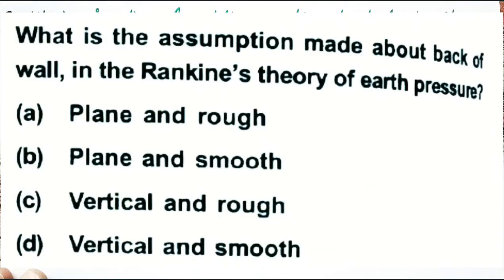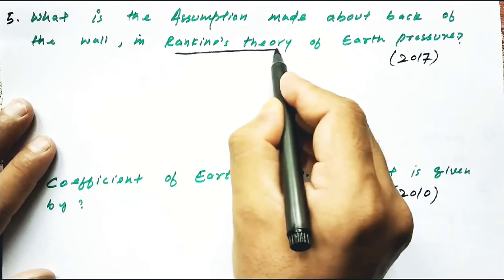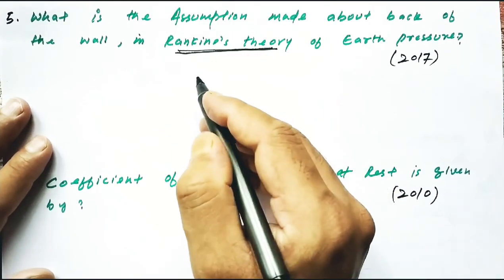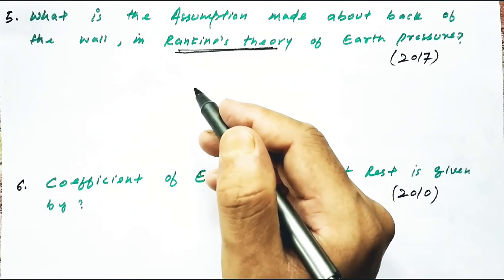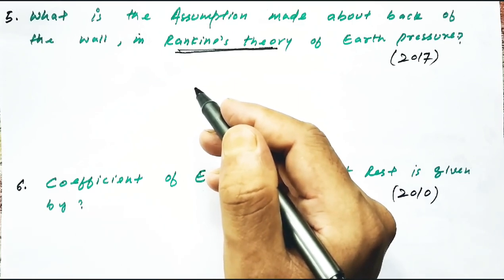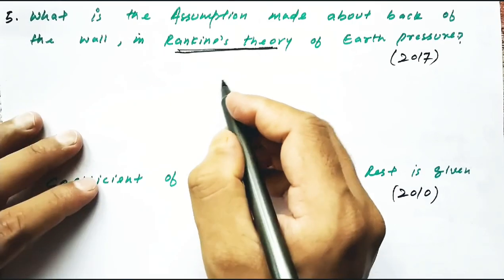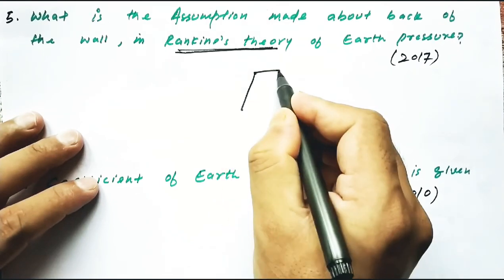Now coming to next question, what is the assumption made about the back of the wall in the Rankine theory of earth pressure? So Rankine theory is a theory which tells us the earth pressure which is due to backfill of the soil on retaining wall, the earth pressure acting on the back of the retaining walls.